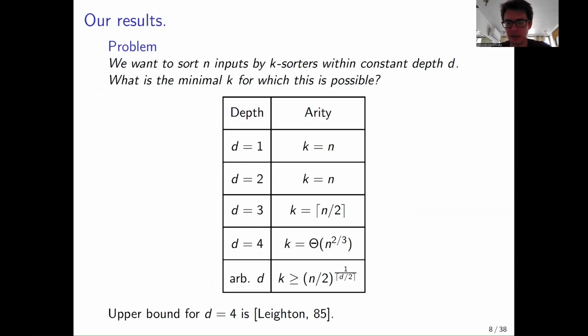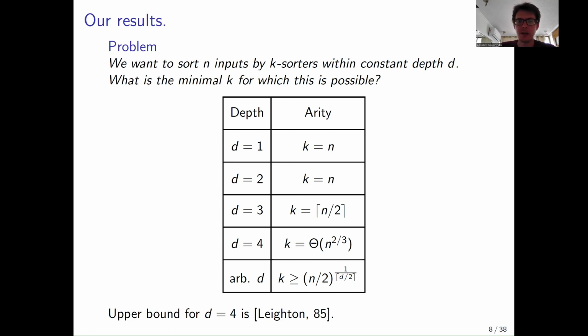We obtain a precise answer for all d up to 4. So let's see what we have. First, for fun, consider the case d equals 1. Obviously we cannot do anything other than k equals n, because every output should depend on every input.